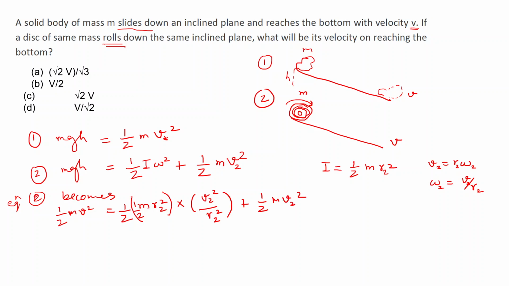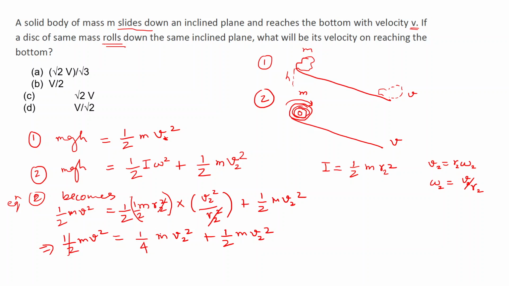So you can see r2 square cancelled, we will be left with 1 by 4 m v2 square plus half m v2 square.